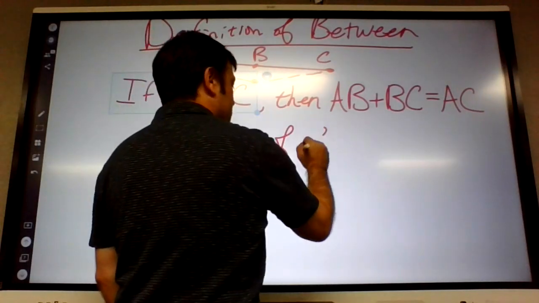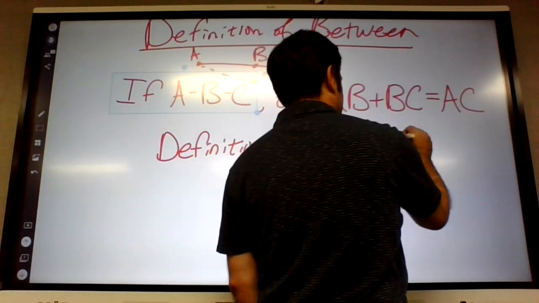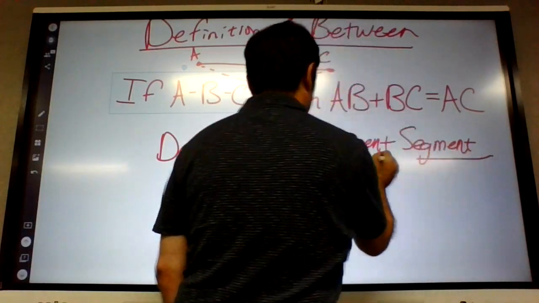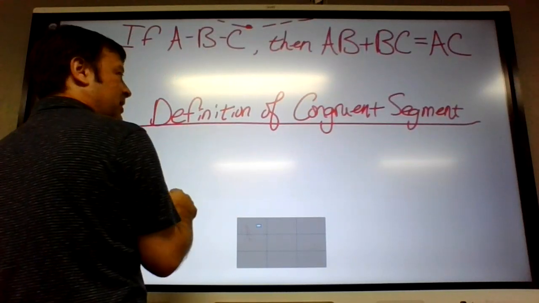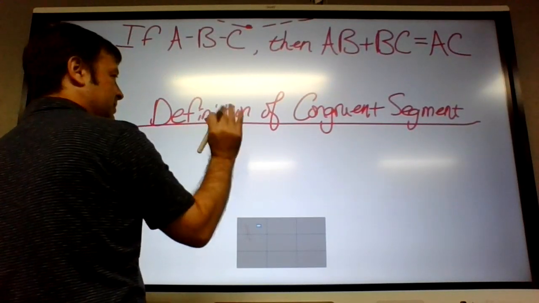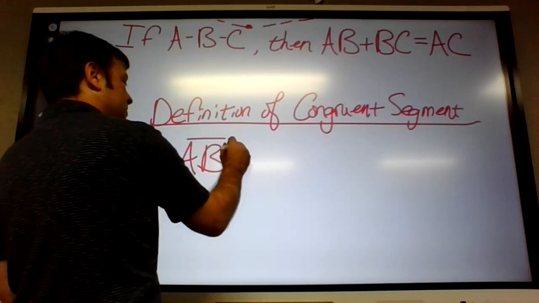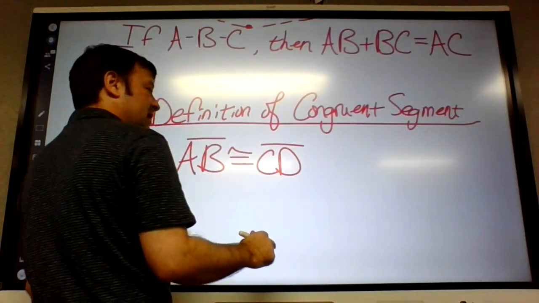Definition of congruent segments. It's kind of a silly little thing, but we're just practicing giving reasons, and these are some of the reasons. So if two segments are congruent, like segment AB is congruent to segment CD, then what does that mean?